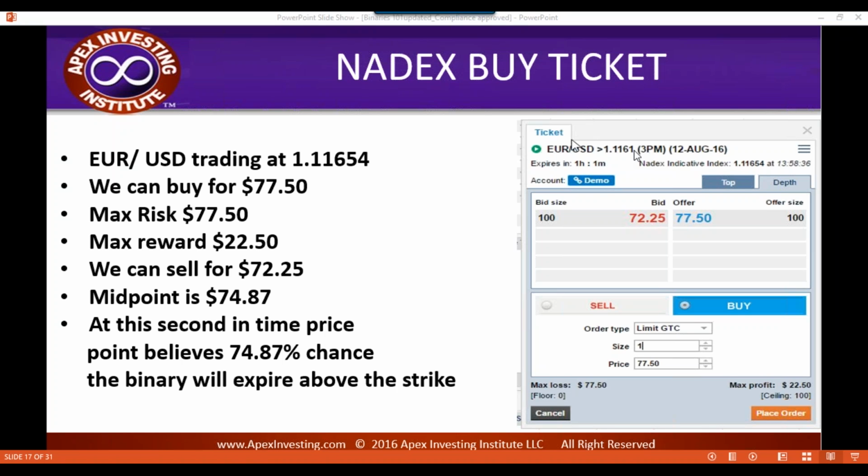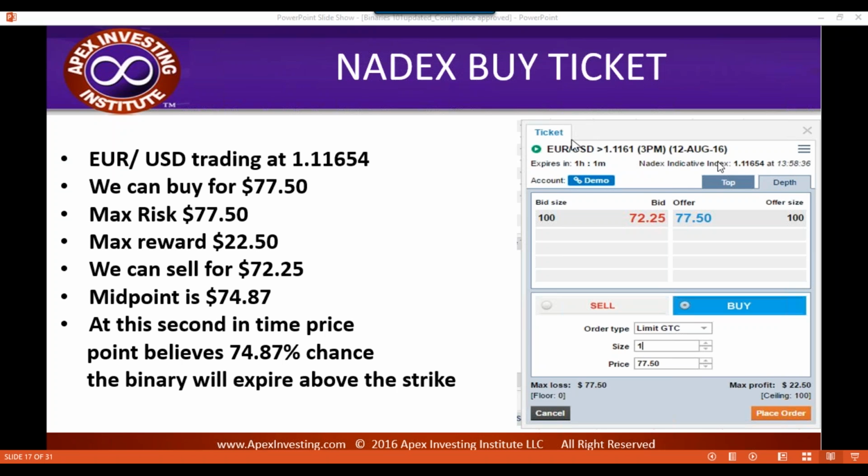The euro dollar will be tied at 1.1161. The euro dollar will be at least 1.1161. Or does the statement say the euro dollar will be greater than 1.1161? Right, greater than.